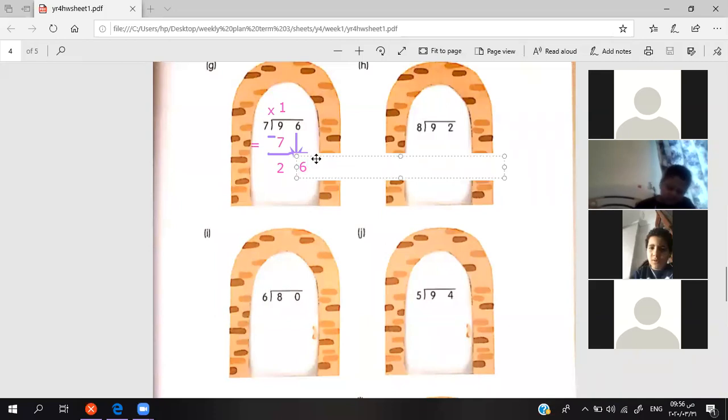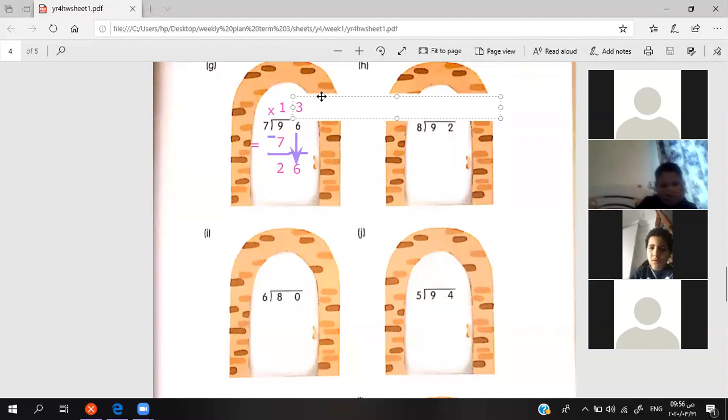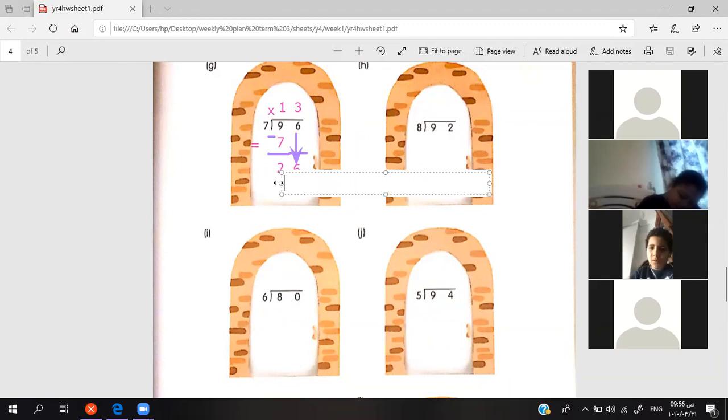Now, what times 7 gives me 26? Nothing. 25, no. 24, no. 23, no. 22, no. 21, yes, there's something times 7 that would give me a 21. What is it? It's the 3. 3 times 7 gives me a 21. Like this, I multiply and I write my answer.